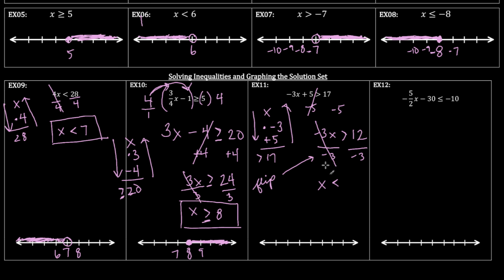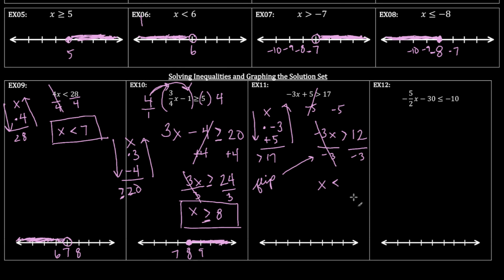If you ever multiply or divide, I'm going to say this again, if you ever multiply or divide when you're undoing, going backwards, by a negative, like this -3, then you're going to have to flip this sign.